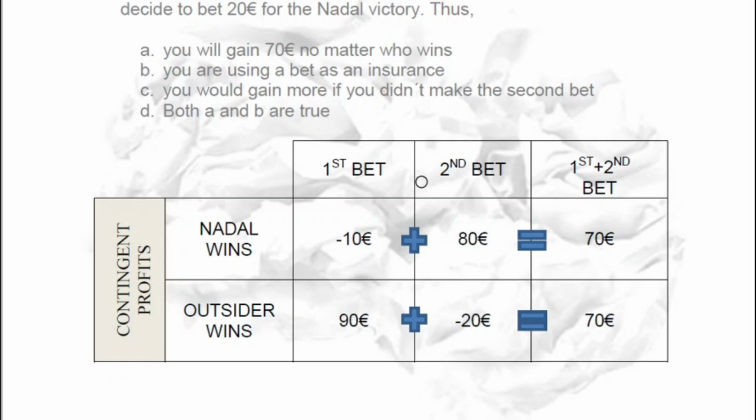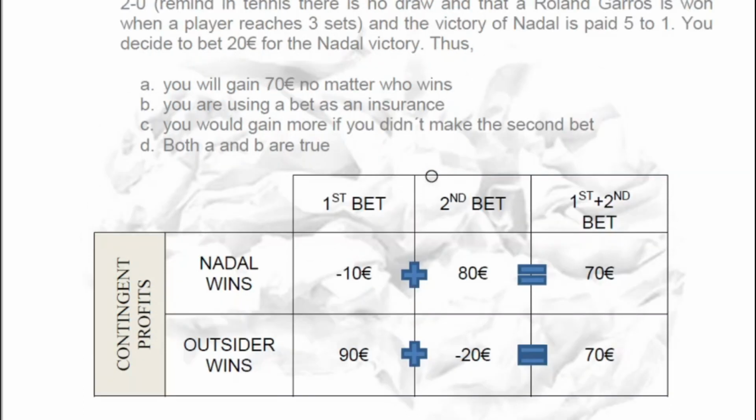But for the second bet, if I bet 20 euros and my money is multiplied by 5, I would earn 100 minus these 20 euros, so a profit of 80. So at the end, 70 euros if Nadal wins 3-2, because he's losing 2-0.